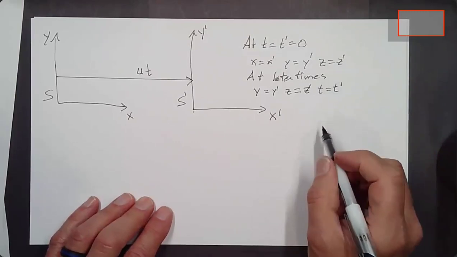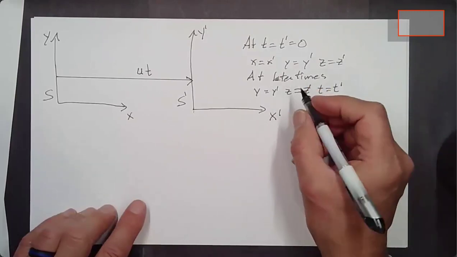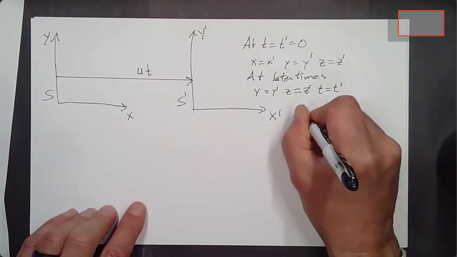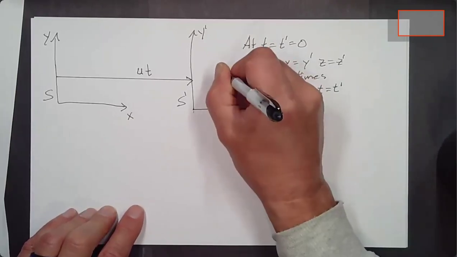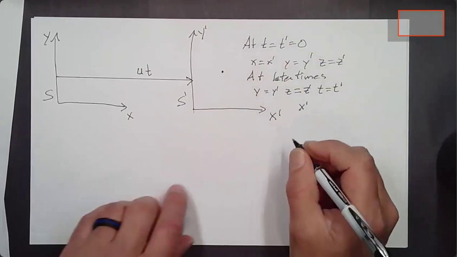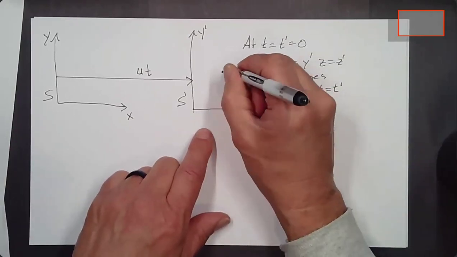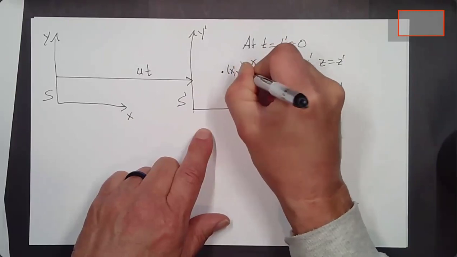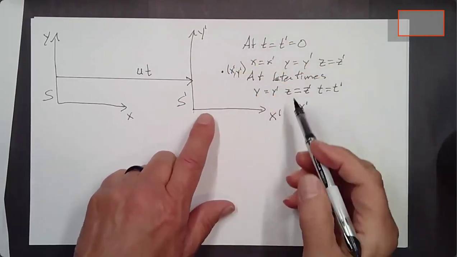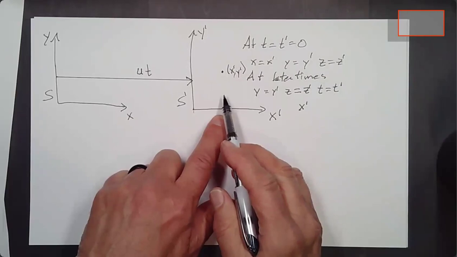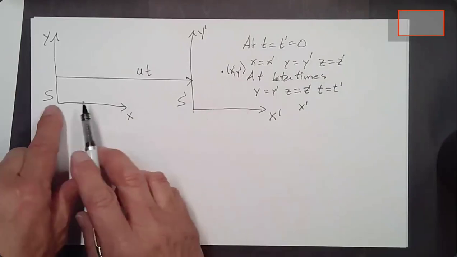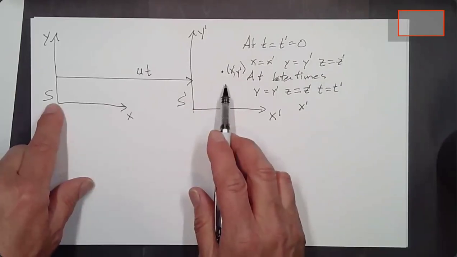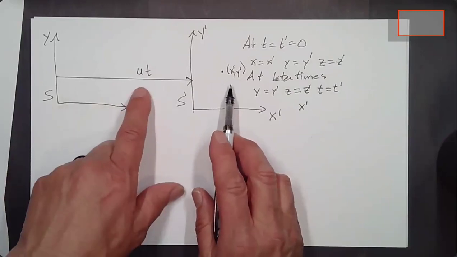And then in non-relativistic situations, there's going to be no difference in the passage of time between the two coordinate frames. But one thing is that if you pick some point in space, like this one could be x prime, y prime, the x prime coordinate is going to equal the x coordinate plus or minus ut.